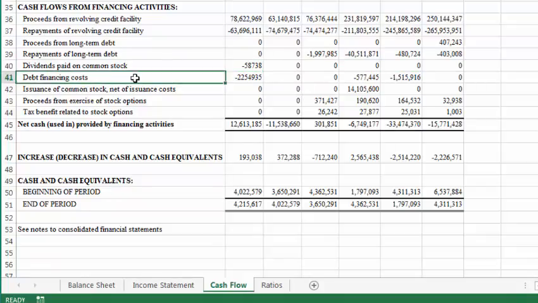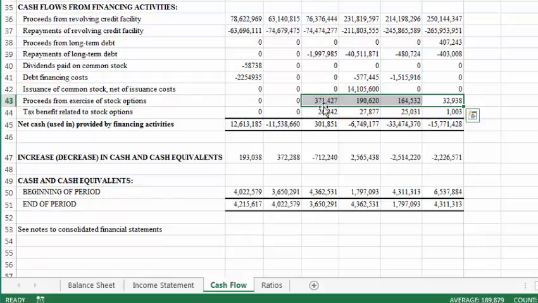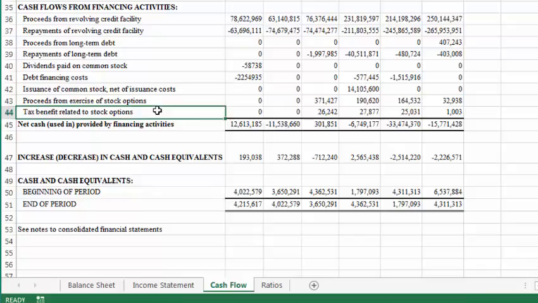And then debt financing costs. So far I haven't seen anything having to do with treasury. Issuance of common shares, so they actually picked up $14 million by issuing some new common shares. Proceeds from exercise of stock options, 4 of the 6 years, and then tax benefit related to stock options.